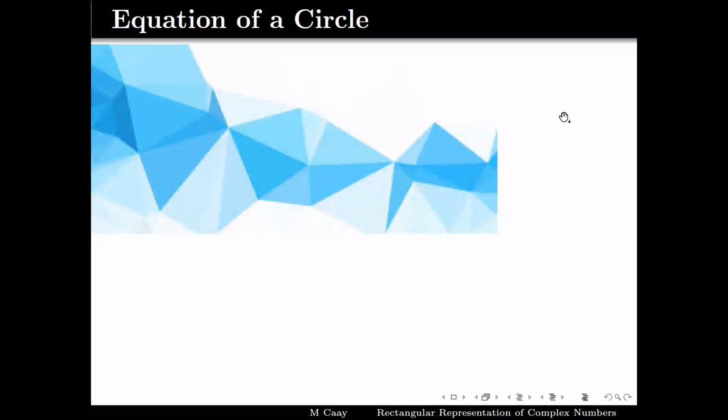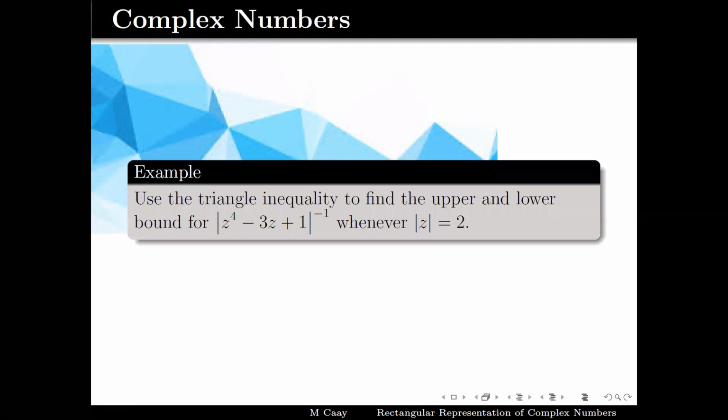Okay, so one last example is this. We will use the triangle inequality to find the upper bound and the lower bound of the inverse of the absolute value, or the modulus, of z to the 4 minus 3z plus 1, whenever the modulus of z is equal to 2.